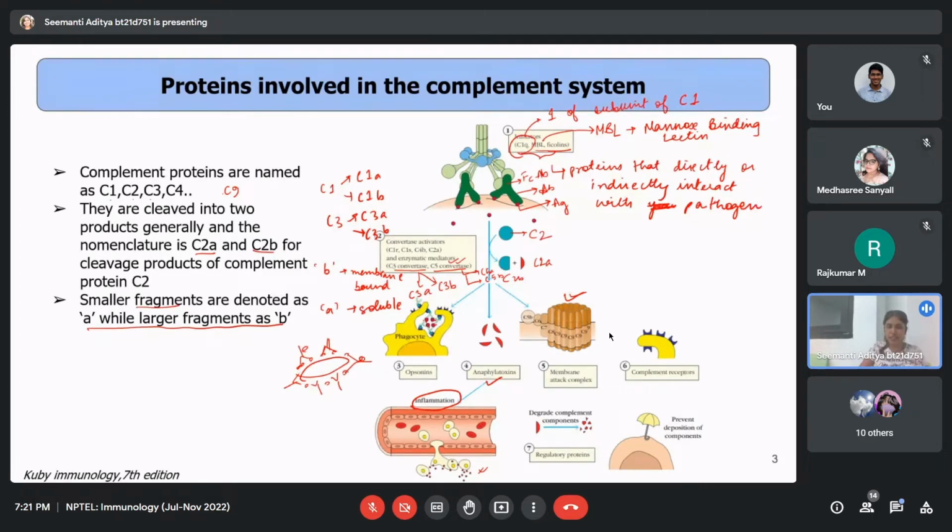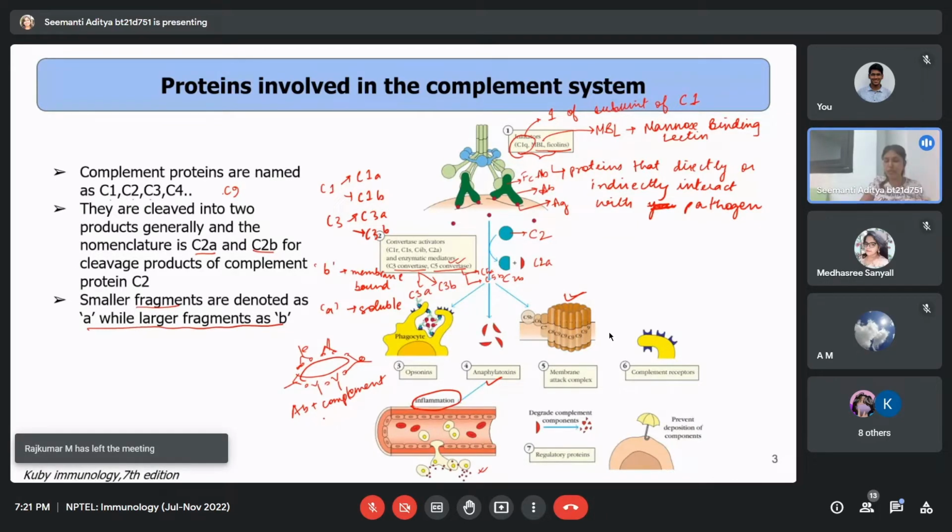So the antigenic surface is coated with antibody plus complement proteins, and on the surface of your pathogen it is going to be recognized by phagocytic cells. What are phagocytic cells again? Phagocytic cells are macrophages, they can be dendritic cells, they are neutrophils.